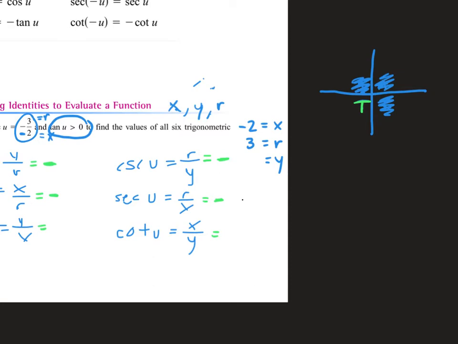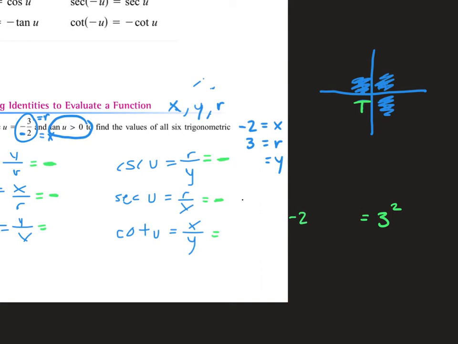Does anybody remember how we find our y? You could do the Pythagorean theorem. So remember we said r is our hypotenuse, so that is going to be our c squared.